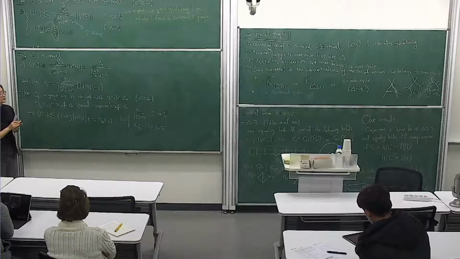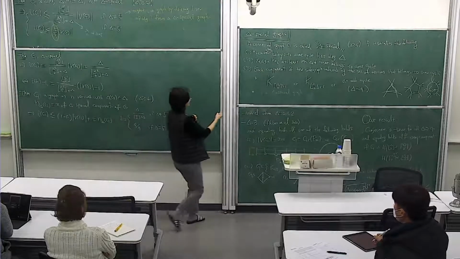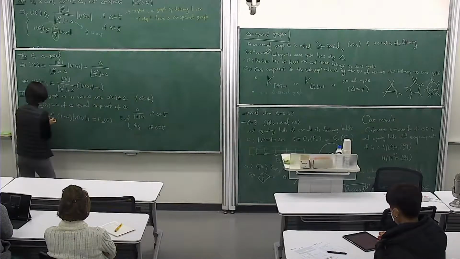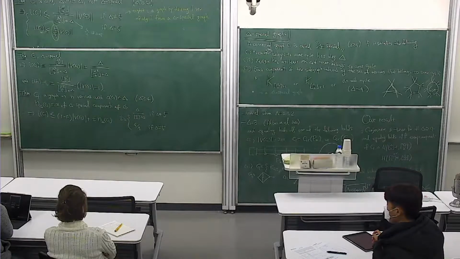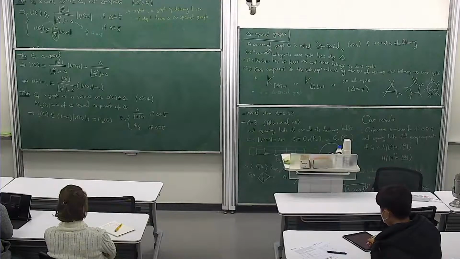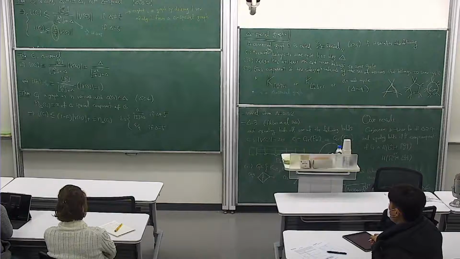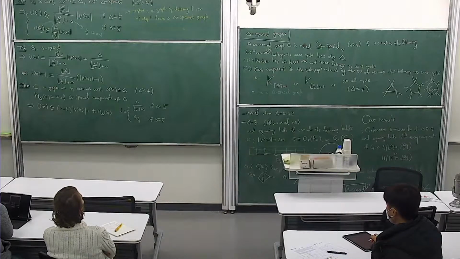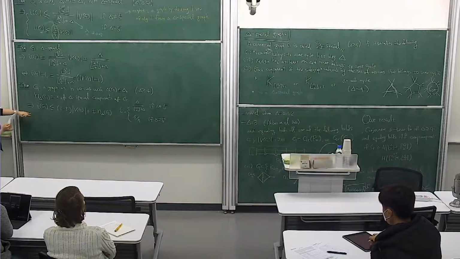A singleton vertex is a delta-regular graph, because there is no edge, no cycle. So this theorem directly implies the above theorem.